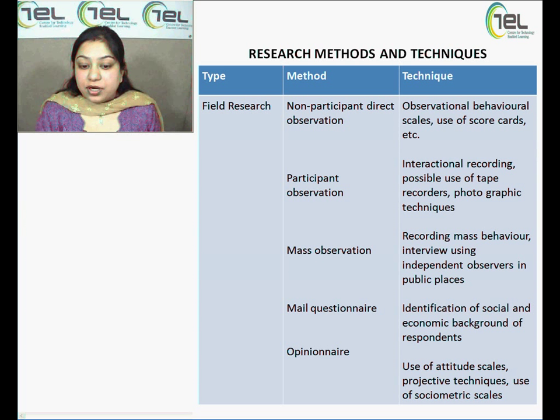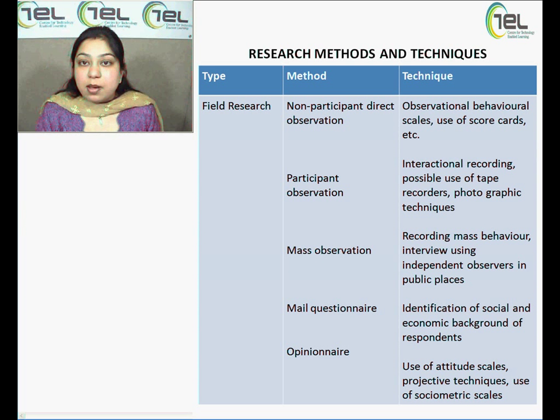Another method is mass observation, which is there in field research. This kind of mass observation involves recording mass behavior, interviews using independent observers in public places. For example, these interviews are conducted by news channels when you have a mass group of people available to you.